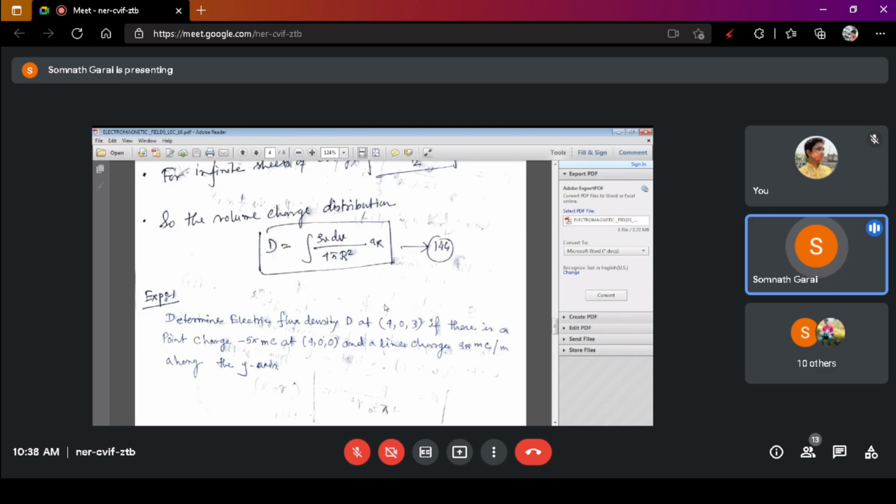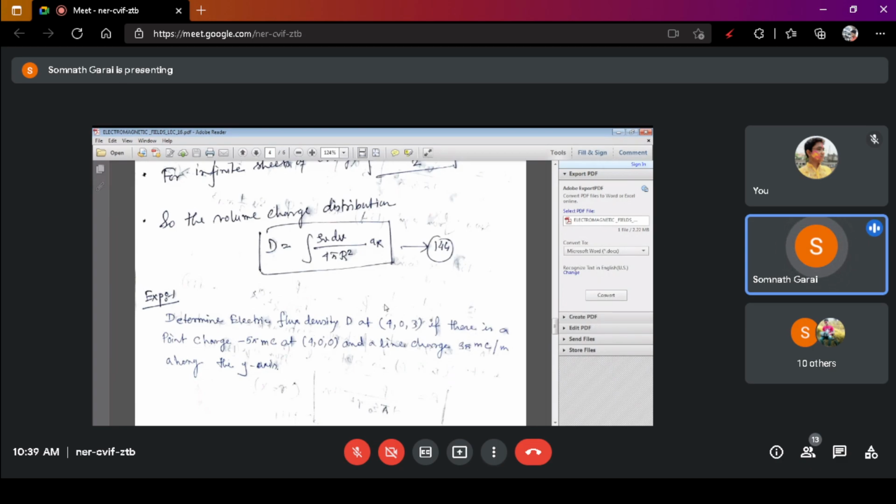If there is a point charge whose value is equal to minus 5 pi millicoulomb at the location 4, 0, 0, and a line charge situated on the y-axis whose value is equal to 3 pi millicoulomb per meter.